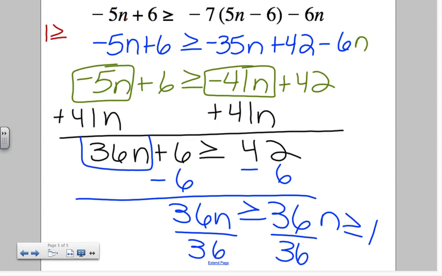Minus 6 is negative 1, and a negative 7 makes a positive 7. And then I put 6 and that 1 together. What do you get? Negative 6. So then here, 1 is greater than or equal to 1? Is that true? Yes. Sure is.